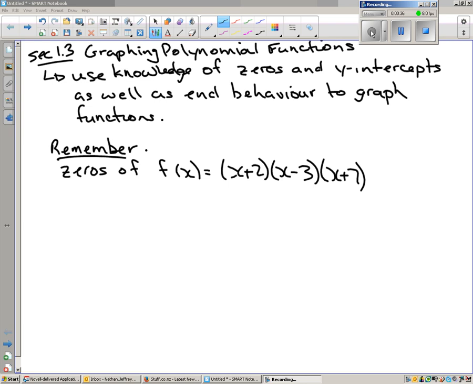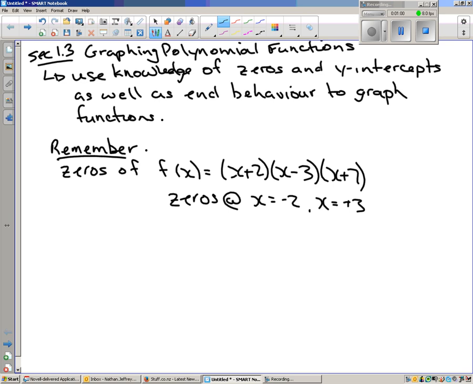Okay, so let's refresh our memory on zeros. If I give you a polynomial function, x plus 2 times x minus 3 times x plus 7, what are the zeros? So we have our zeros at x is negative 2, x is positive 3, and x is negative 7.